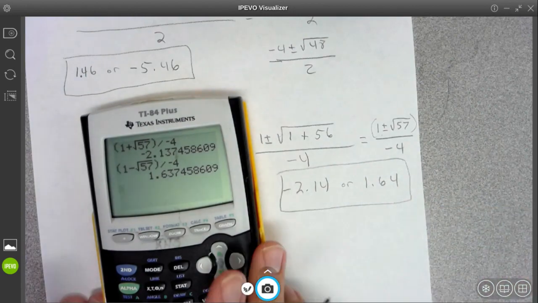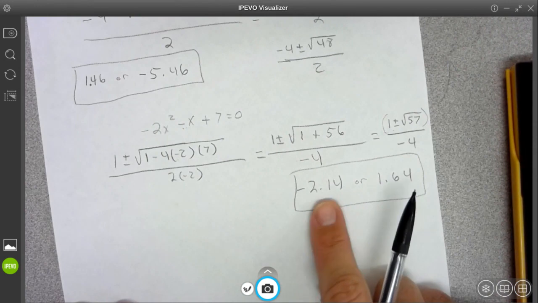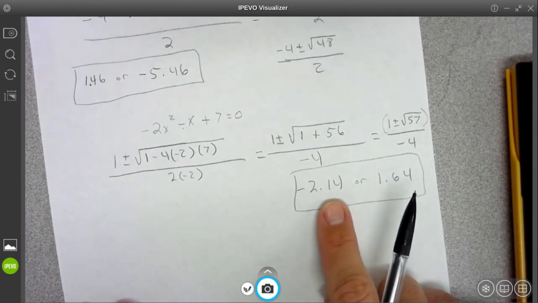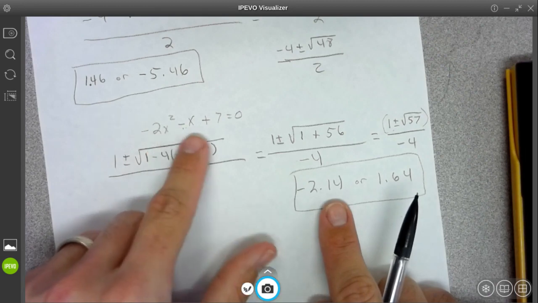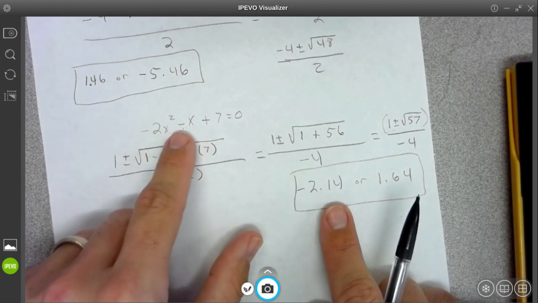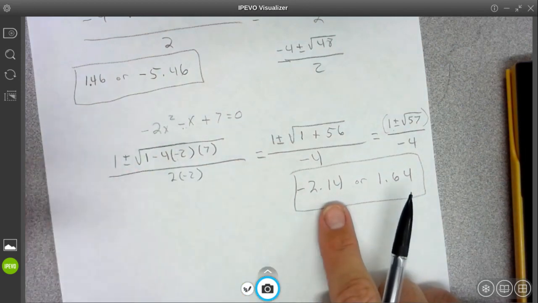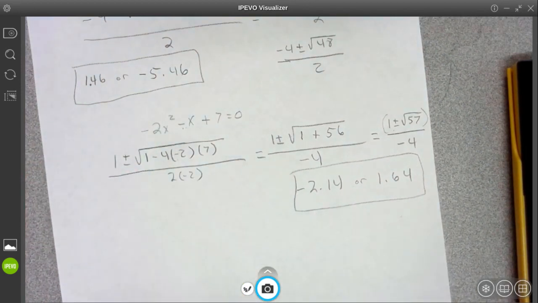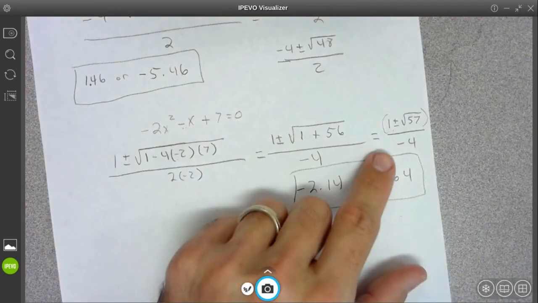And that's it. So if you were to plug these in for x, negative 2.14 store to x, and you were to type it into this left side, you're going to get something very, very close to 0. Because we approximated here, it's not going to be exactly 0, but it's going to be really, really close.